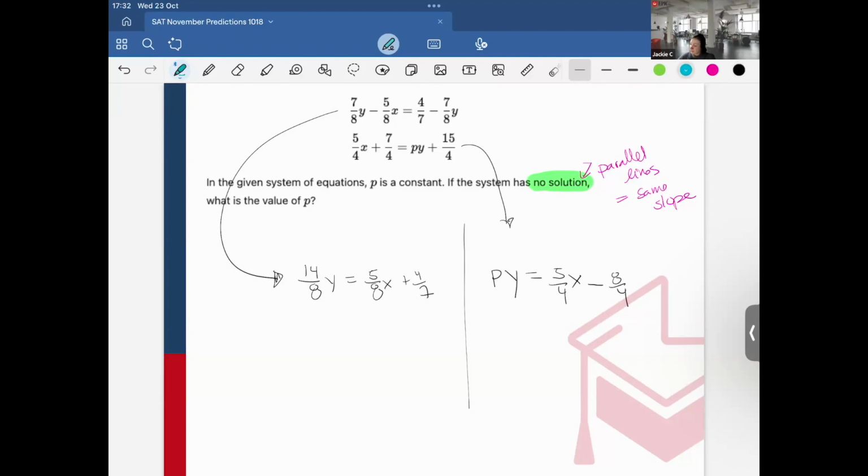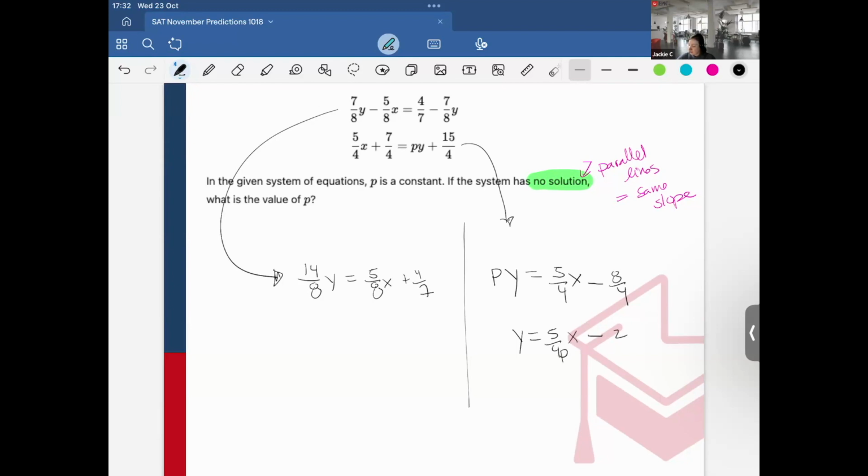And then divide everything by p. So this would just be y is equal to 5/4 px minus like 2/p. And then also here, I should simplify, multiply everything by the reciprocal.